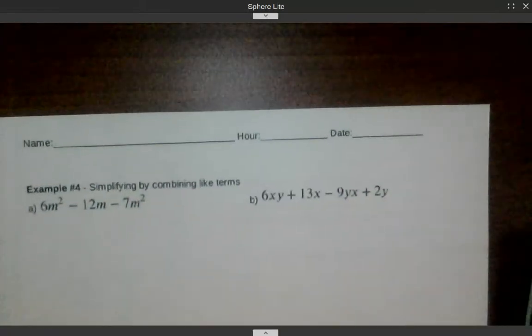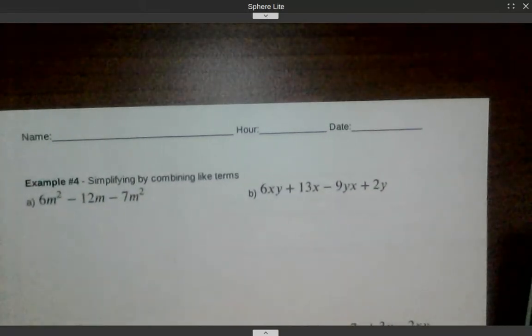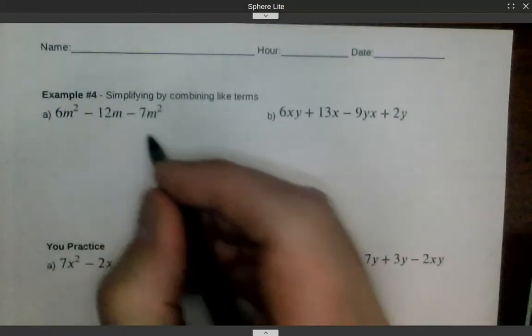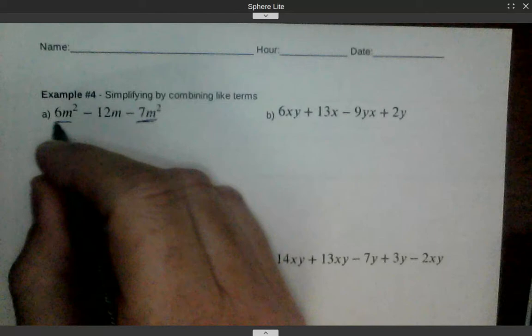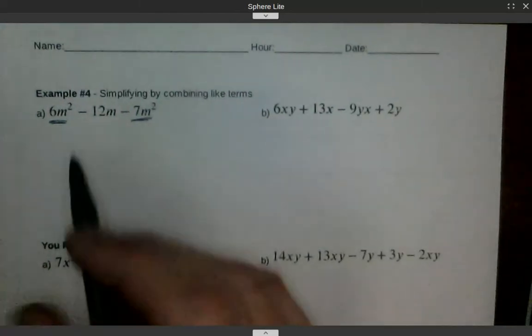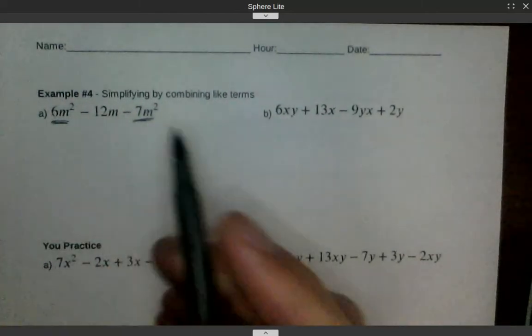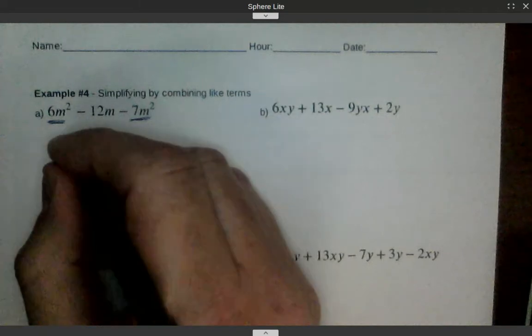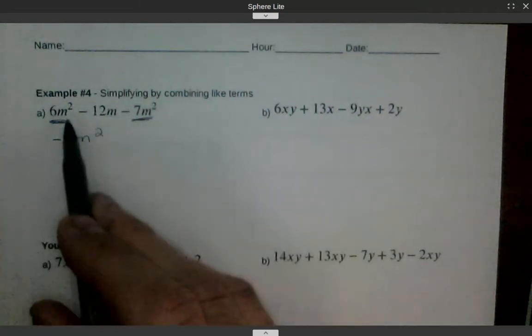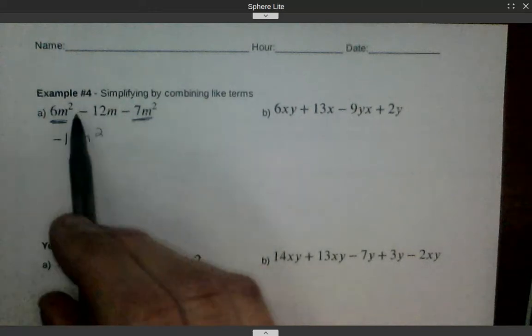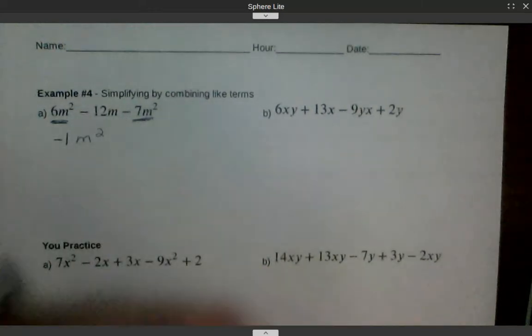So let's take a look at a problem that involves simplifying by combining like terms. First, we want to identify our like terms. Here's a like term, and here's a like term. We want to combine these, so 6 minus 7 gives us negative 1. We want to write the variables so that they are identical to these right here.